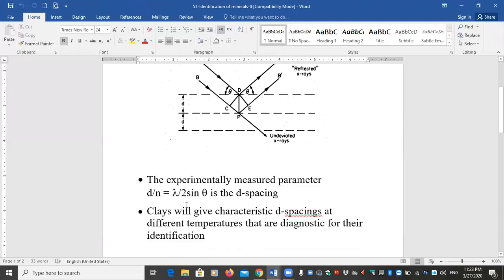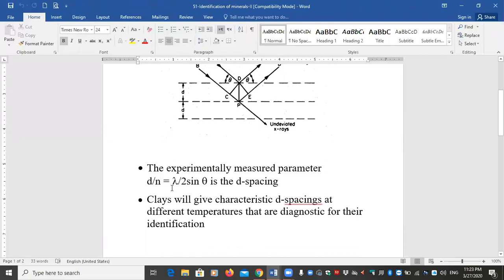Okay, so this law says we want to find the D, which is very specific and characteristic of each clay mineral. That's the one we want to know. So clays will give characteristic D-spacing at different temperatures, and that is diagnostic for their identification.